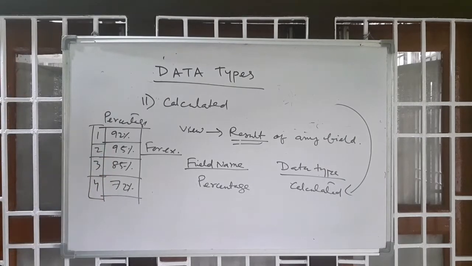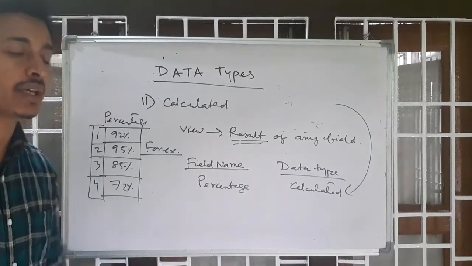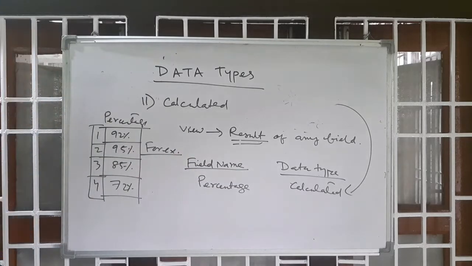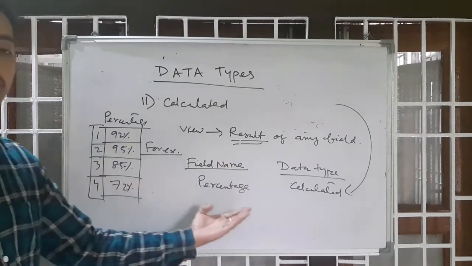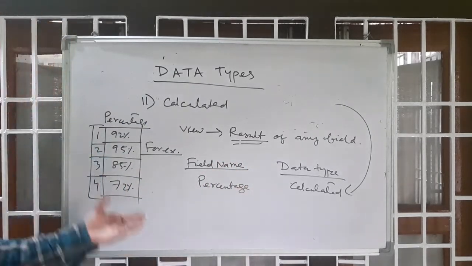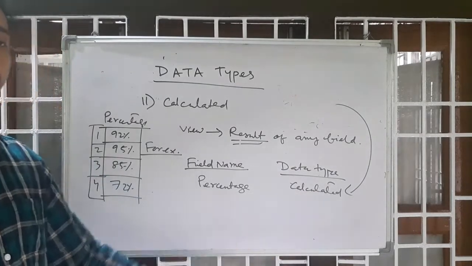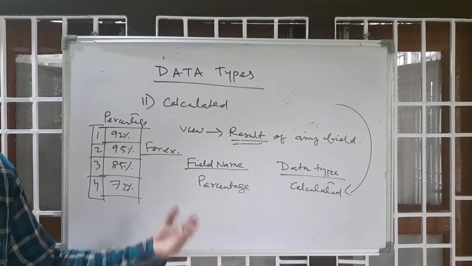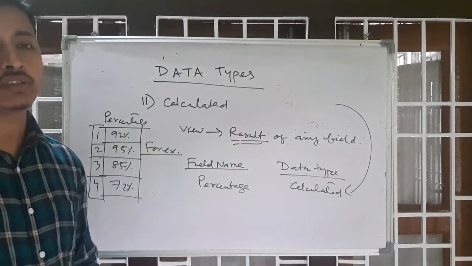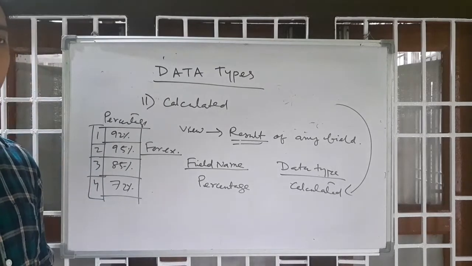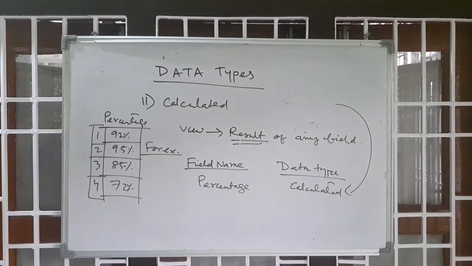So rule number wise, the calculations of the percentage will come in this way. It may be calculated in a different field, but the result will show in the same form. That's why it is used as calculated, meaning already calculated, but in a different table or different field. So this is the calculated field.